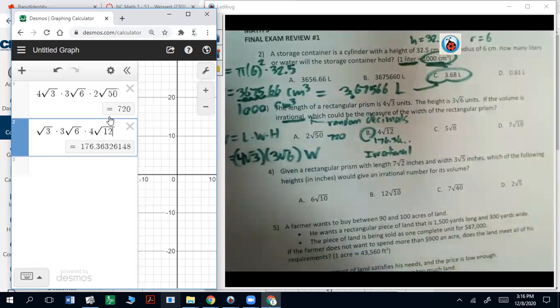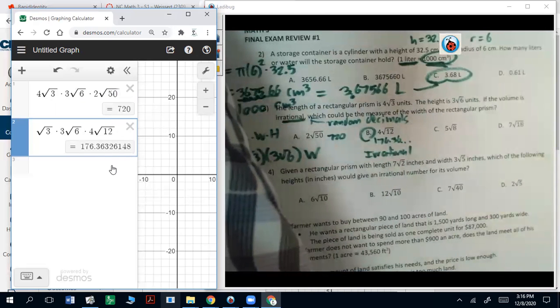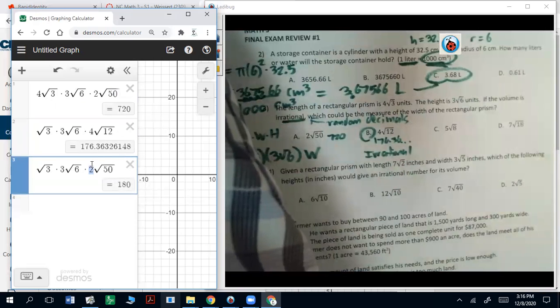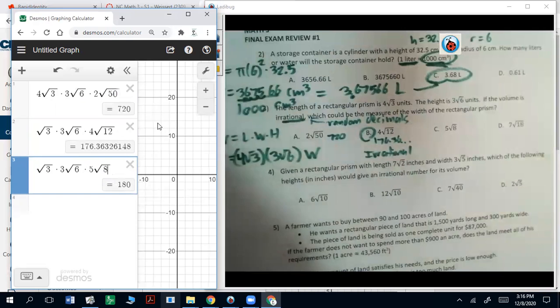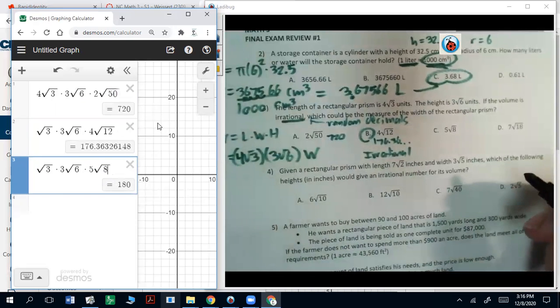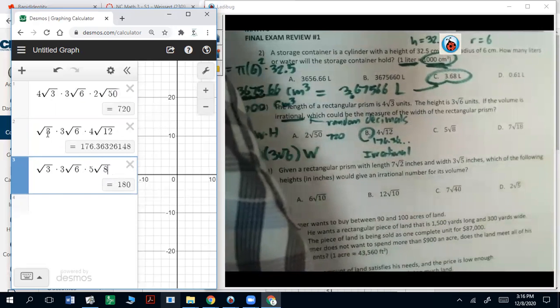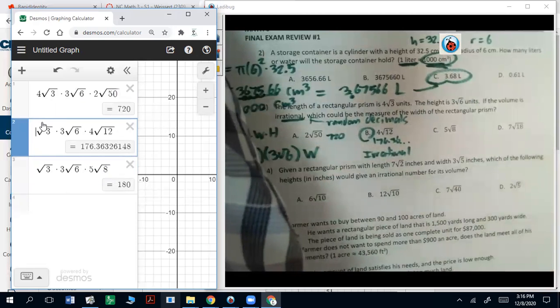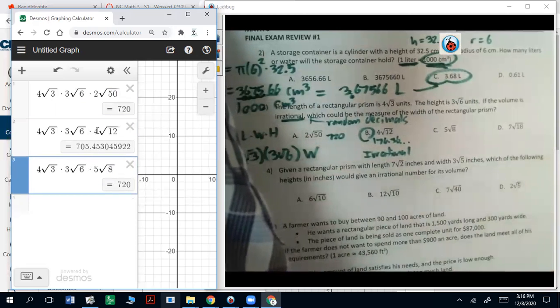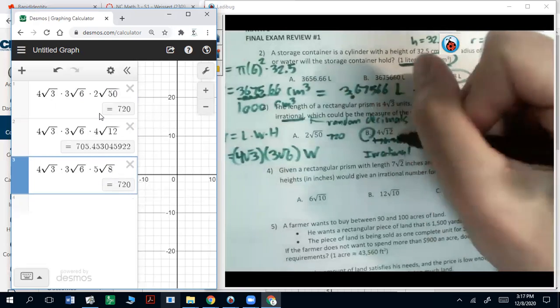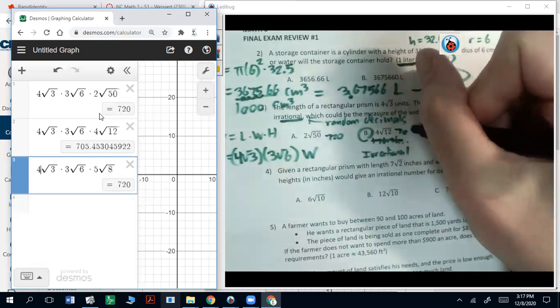And just for good measure, you can check the other ones too. That's going to give you, oops, I forgot the 4 in there. No wonder it's different. So that's 705.45.